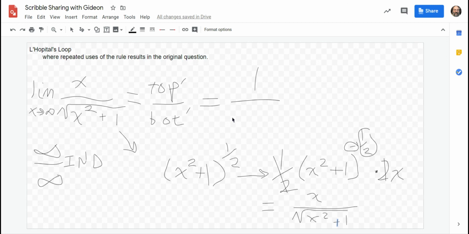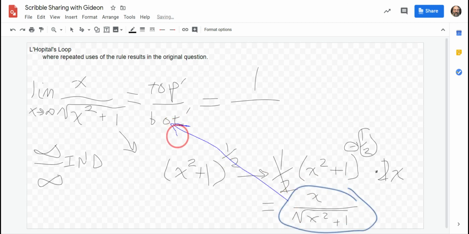Well, oh, wait. I've got to take the derivative. This is the derivative of the bottom square root. Maybe that'll help, right? So this is 1 over x over the square root of x squared plus 1. And so the answer here is, 1 over a thing is take its reciprocal. So now it's the square root of x squared plus 1 all over x. And now I'm kind of, oh, that didn't help much, right?